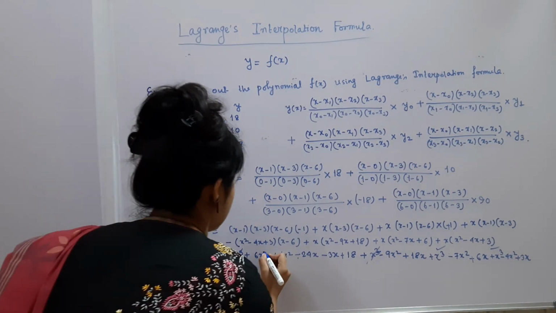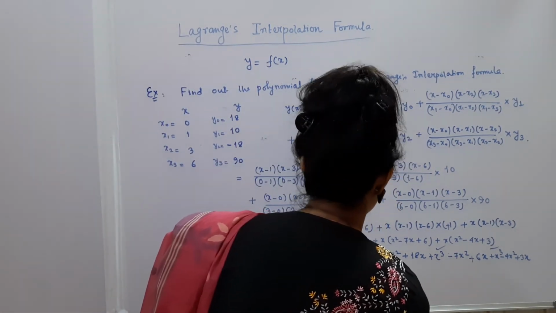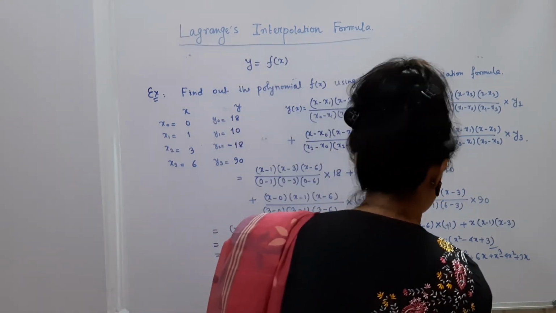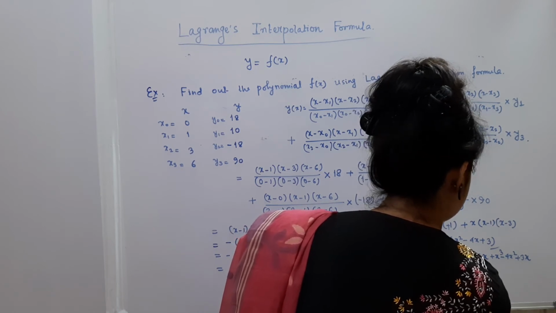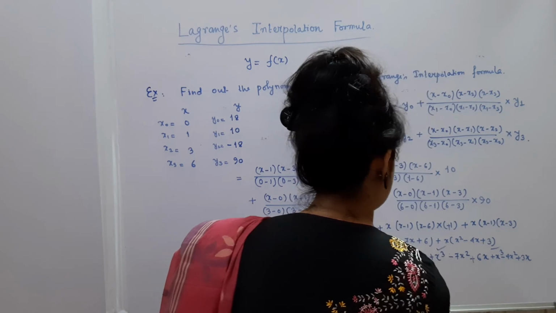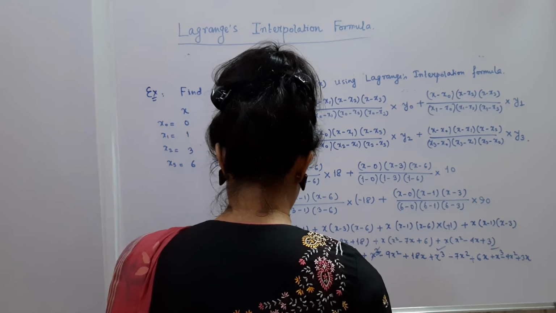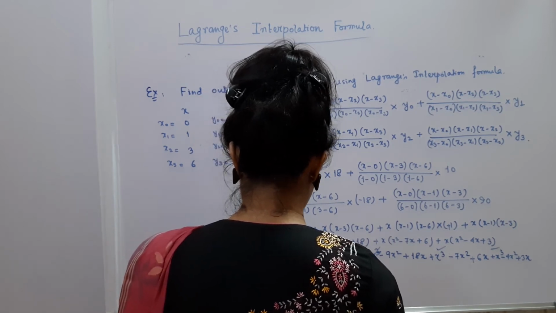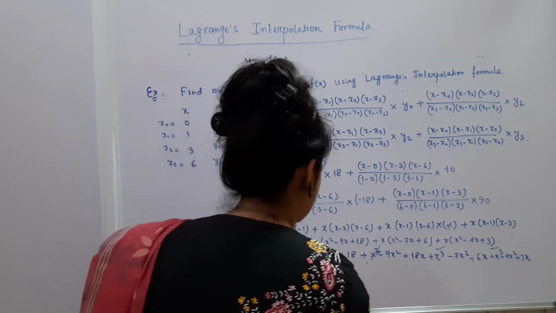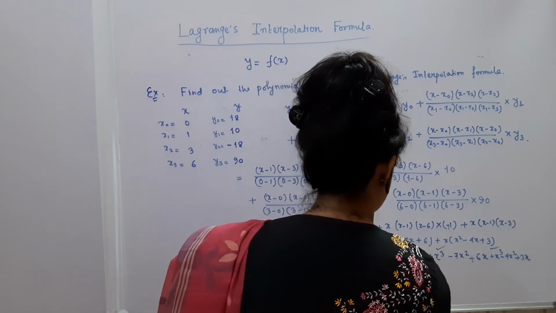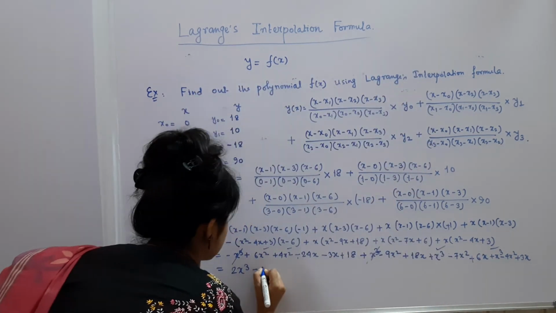Then x square: 10x square minus 9x square minus 7x square minus 4x square, so that is minus 10x square.